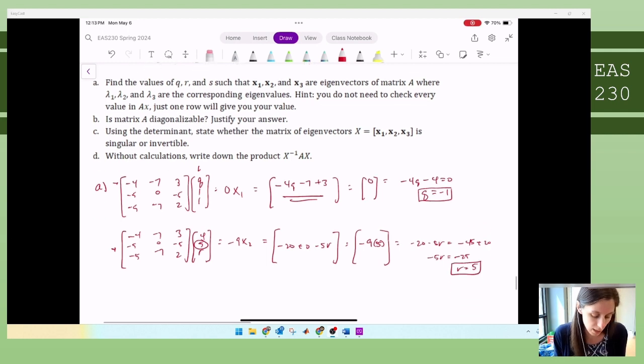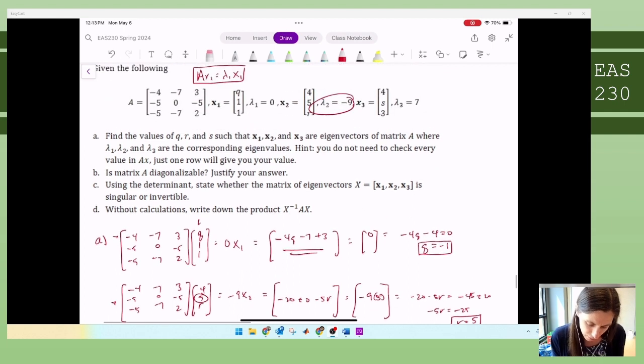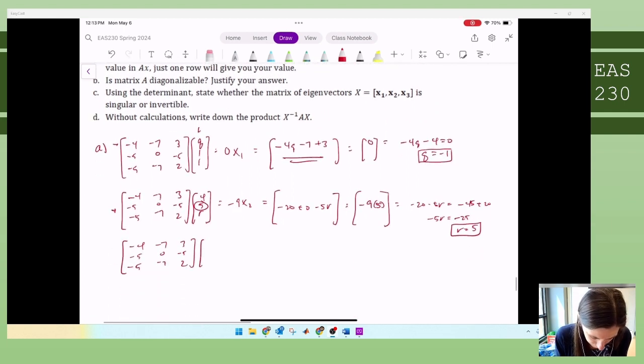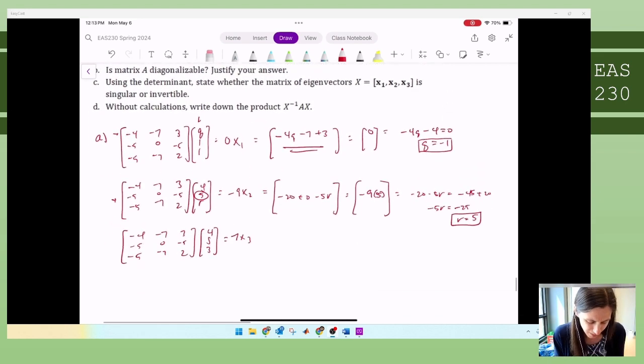And then my last one, same thing, A matrix multiplied by my last vector with S, and that should equal 7x3. I can't use my second row this time because the zeros would make my S go away, so I'll use my last. It doesn't matter which row you use, except I can't use row 2.